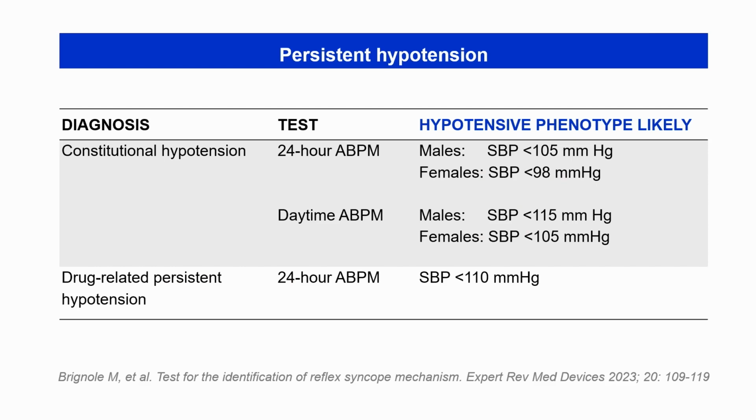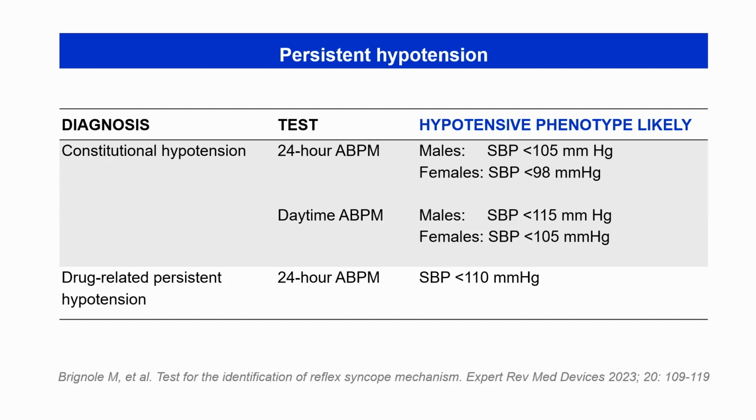Here are some examples of diagnostic value. Syncope due to constitutional hypotension can be simply diagnosed if the 24-hour ABPM shows a mean 24-hour systolic blood pressure less than 105 millimeters of mercury in males and less than 98 millimeters of mercury in females.